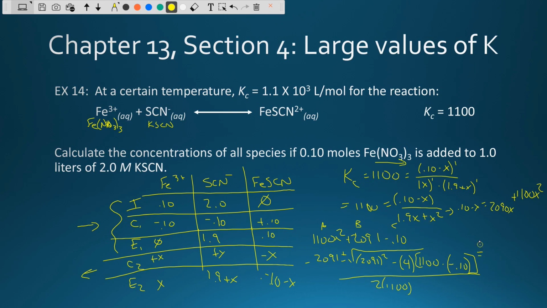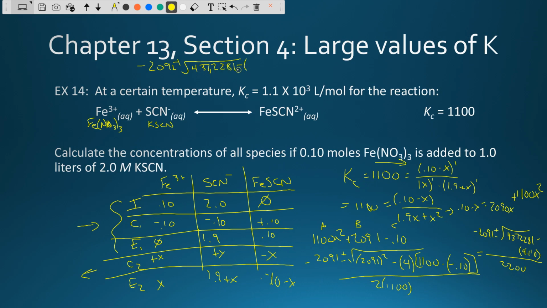So I end up with negative 2091 plus or minus the square root of 4,372,281 minus 4 times negative 110, all over 2200. And so if I was going to clean it all up, this ends up being negative 2091 plus or minus, well, these are large numbers, guys.